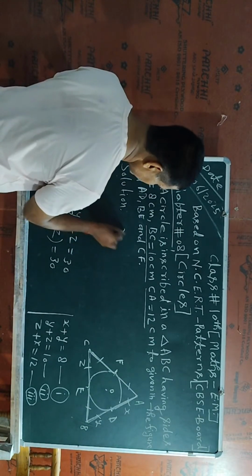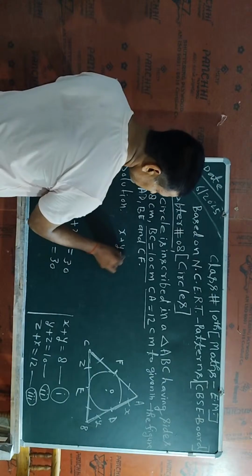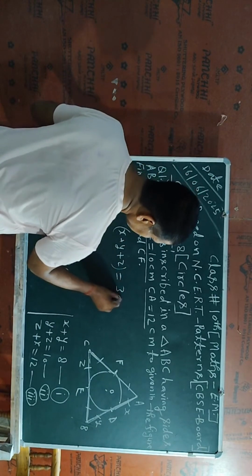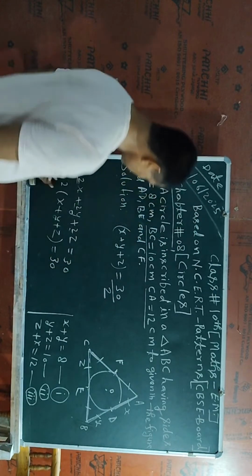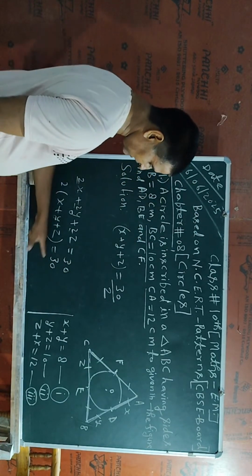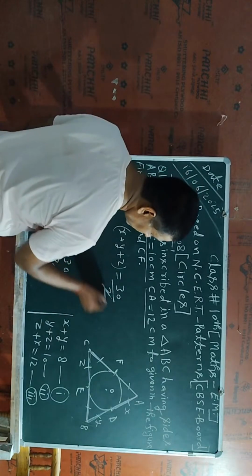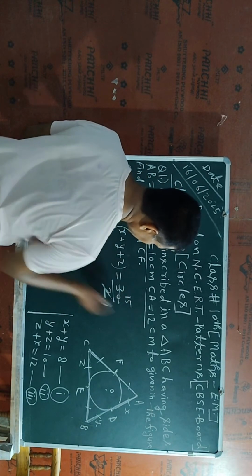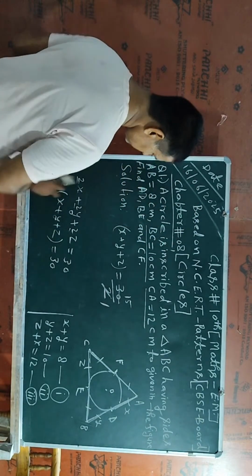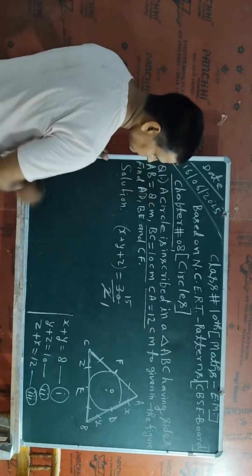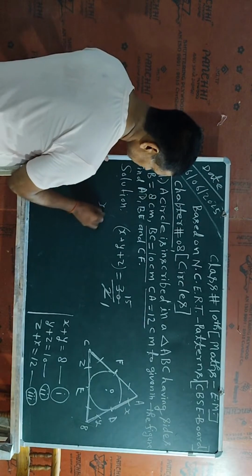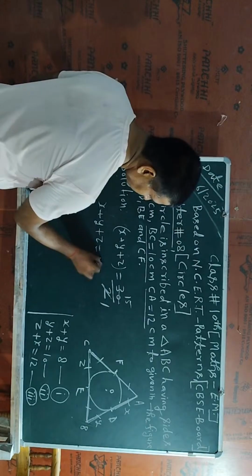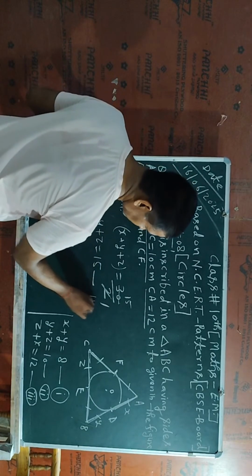So here I will write x plus y plus z, which is equal to 30 divided by 2, because 2 is multiplied with this one, it will go to the right hand side, so I will divide by 2. So 2 on the 2, and 2 times 15 is 30. So further I will write here x plus y plus z, which is equal to 15.